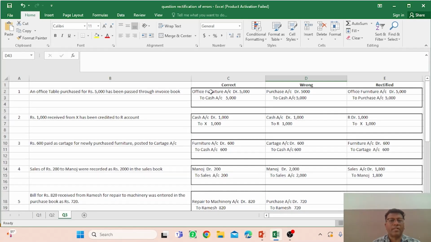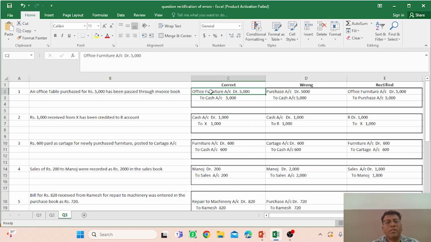You can develop the understanding of how to rectify the different kinds of errors in the books. So there is no difficulty in rectifying the errors. First of all, you should go through the transactions given in the question, in the practical problem. There are some business transactions given to you in the question, and those carry errors in terms of account.